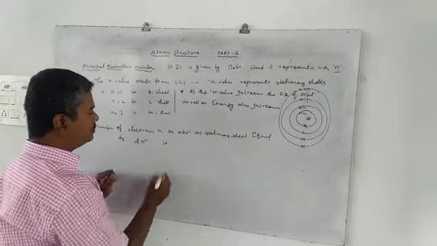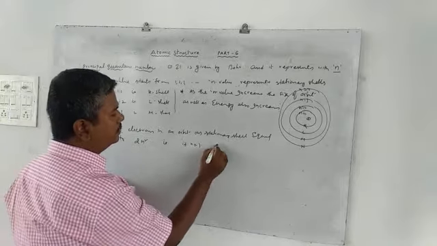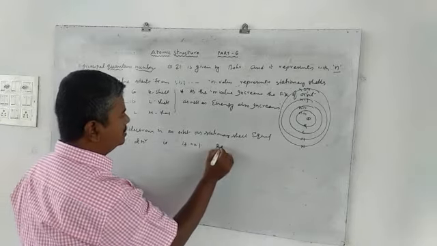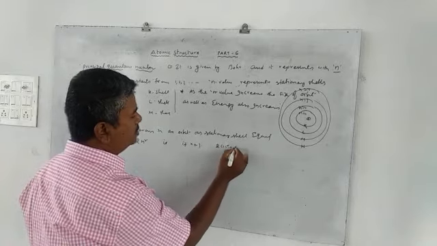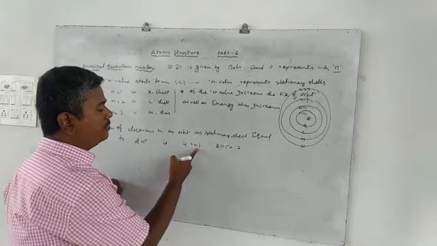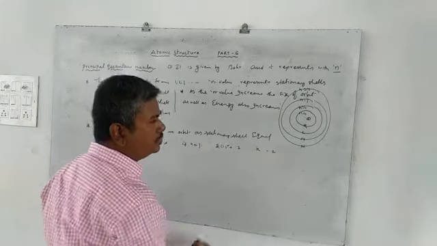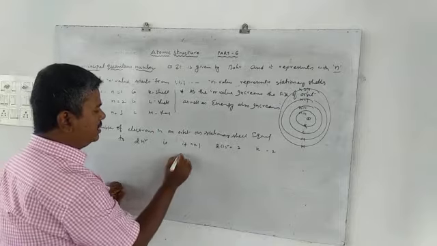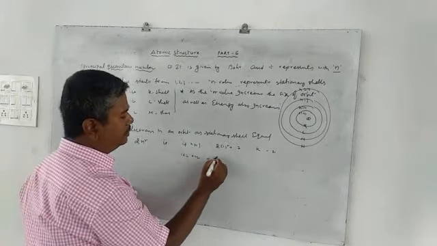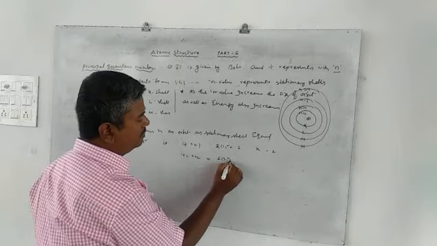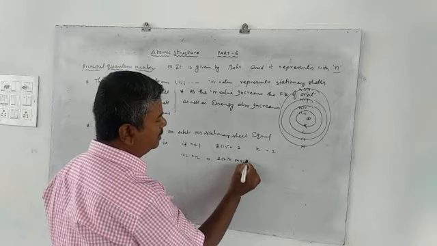Notice, if n equal to 1, then what happens? Substitute the value in n place: 2 into 1 square, which is 2. That means n equal to 1 is the K shell. K shell consists of how many electrons? 2 electrons only. If n equal to 2, 2 into 2 square means 2 into 4, which is 8.